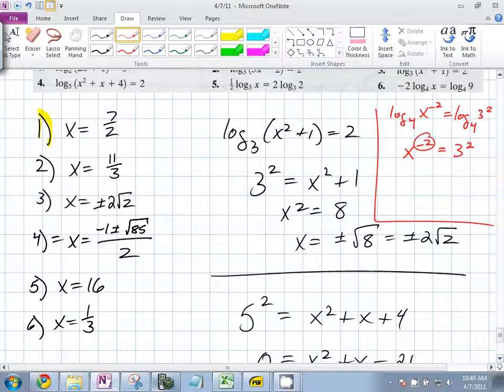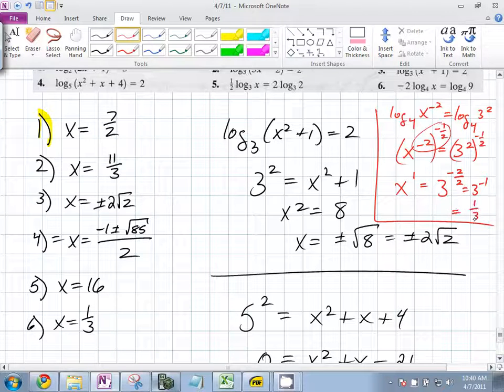You just want 1, because you want it to be x. What power do you raise both sides to? Because what happens when you multiply these now? x equals 3 to what power? Which equals 1 over 3. So it is 1 over 3.